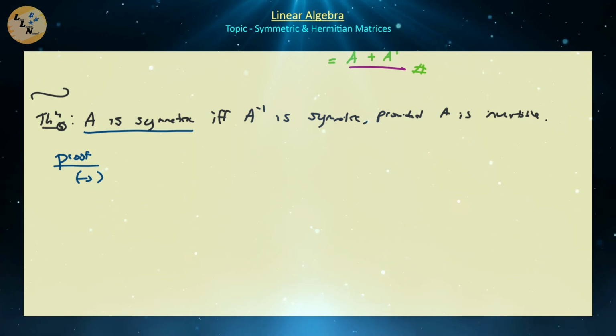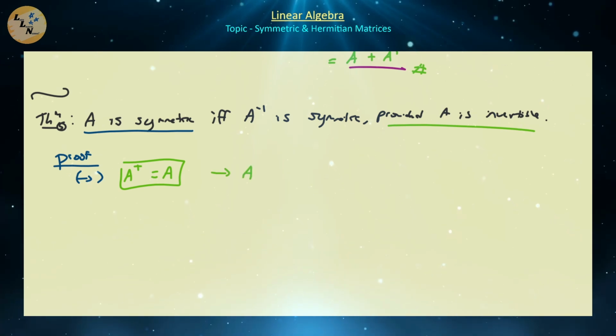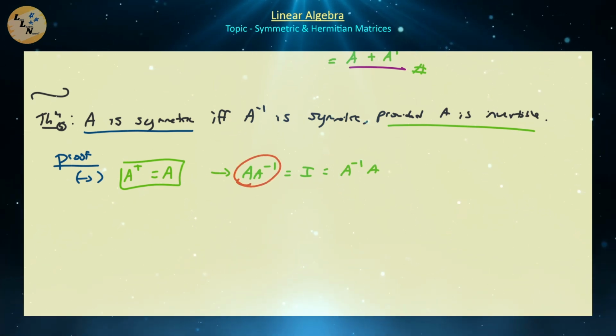So we're given that A is symmetric, so that means we have at our fingertips that A transpose is equal to A. Let's also keep in mind that since A is invertible by assumption, the inverse exists and satisfies A times A inverse is equal to the identity matrix, and that's also equal to the inverse times that original matrix as well. So what I want to do is take the transpose of that particular matrix and see what comes out of it.